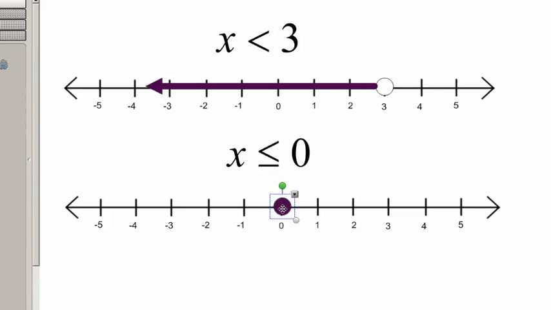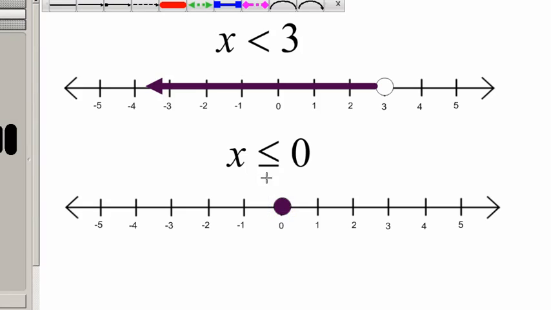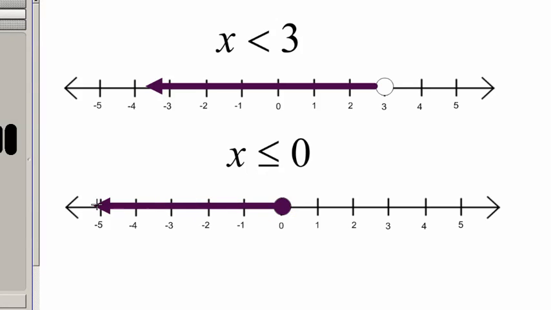So now 0 is a possible solution, and so are all the other numbers to the left of 0. -1 would work. So would -3.5. But 1 doesn't work. 1 is not less than or equal to 0.